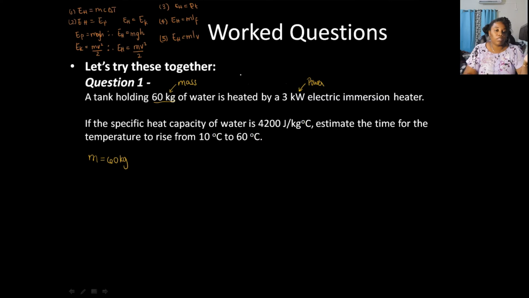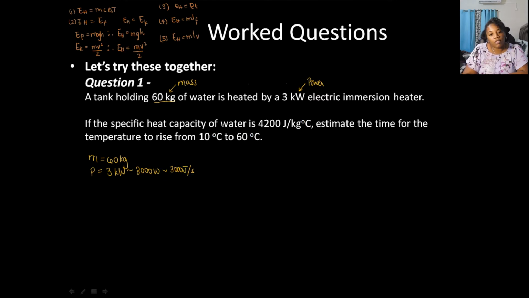So if I just say 60, what's the quantity related to? So you always have to have the units. So power is equal to 3 kW, which is actually 3000 watts, which is actually 3000 joules per second.